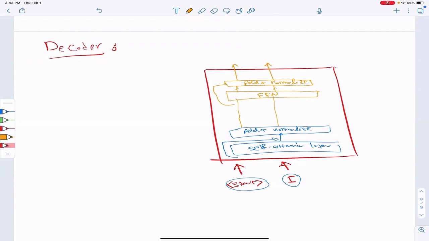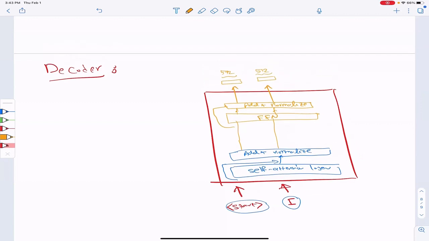All right. So if we do this, basically we are using an architecture very similar to the architecture that we had in the encoder side, right? So the output will be 2 vectors here because I have 2 inputs, one corresponding to the token start, the other one corresponding to the token I. And let's say the length of these is 512 to be consistent. Then to predict the next token, we are just going to solve a classification problem and get the probability of the next word.